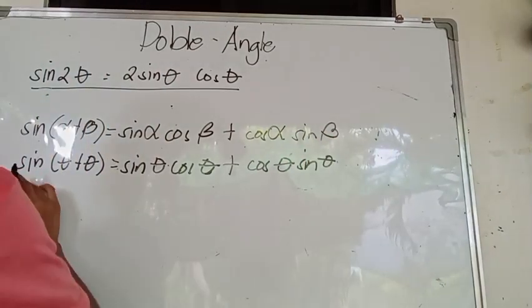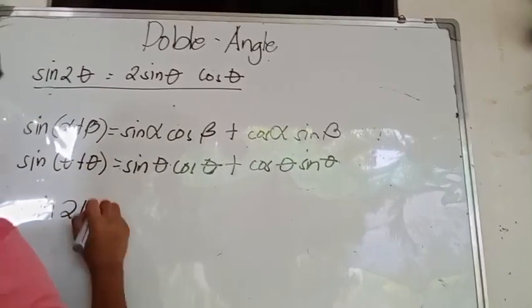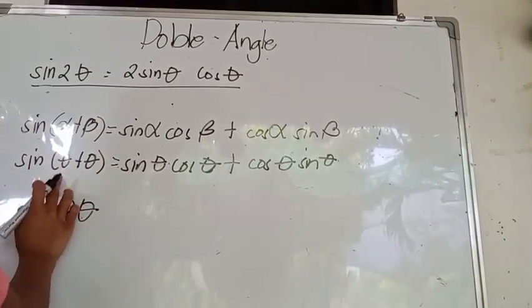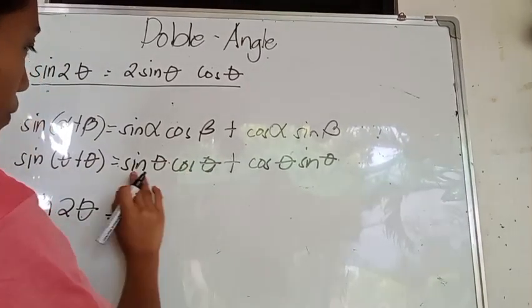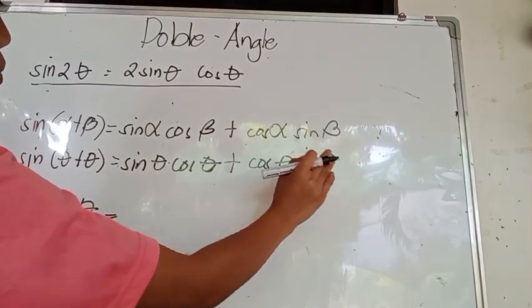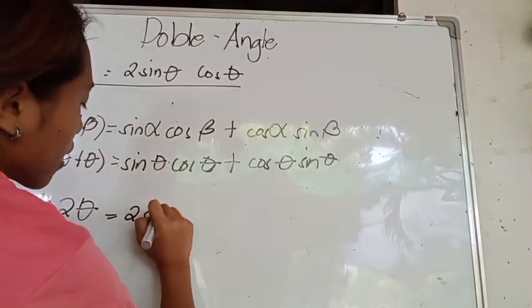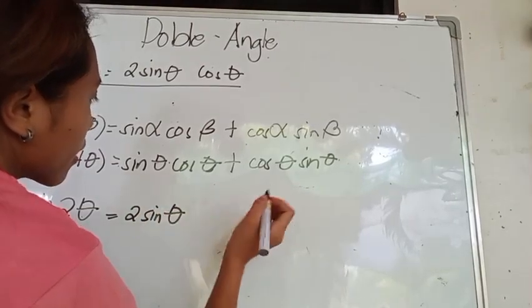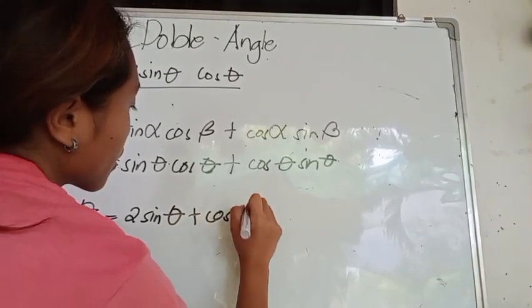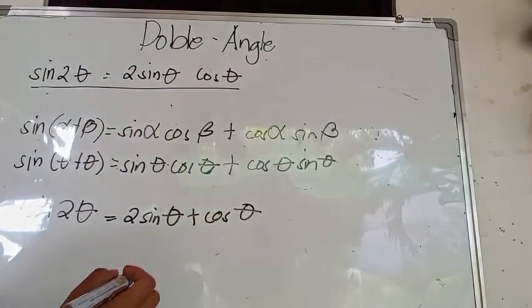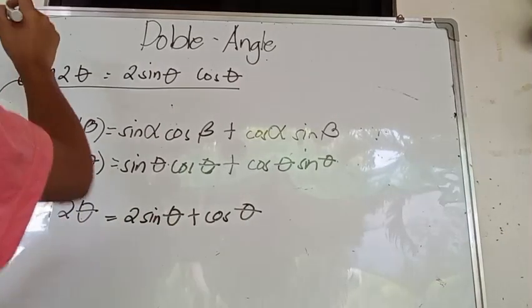Then we have sine 2 theta, because theta plus theta is equal to 2 theta, which is equal to 2 sine theta cos theta. And this is it. We got this.